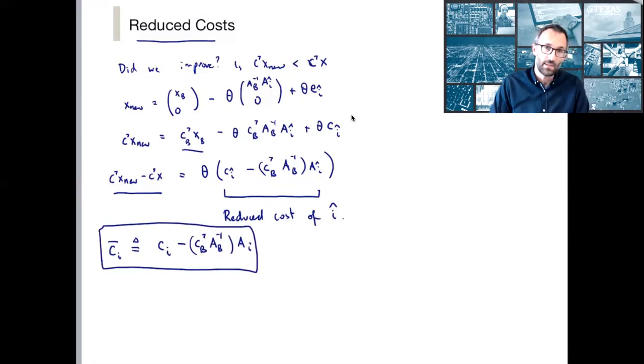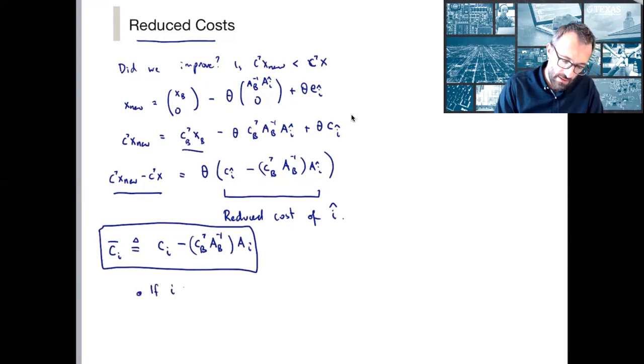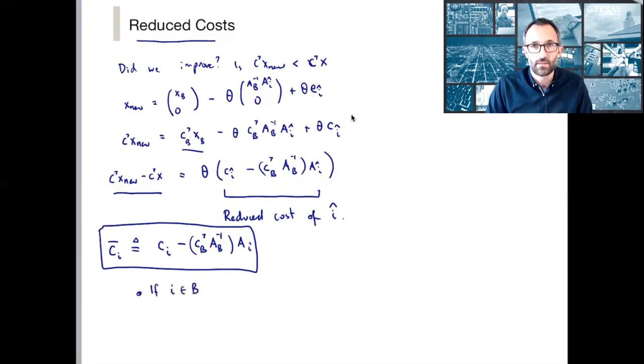And a few immediate observations here. If i is already an element of the basis, then we would expect this to be 0. That's our intuition, but we don't have to rely on that.